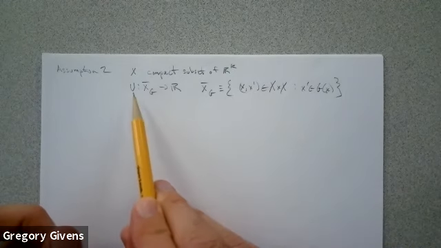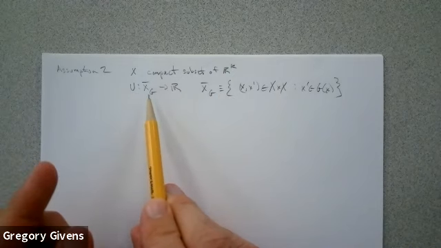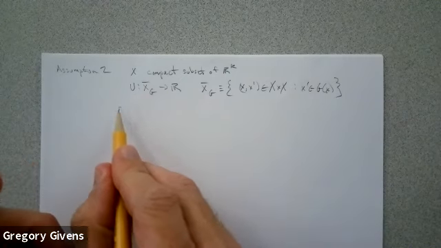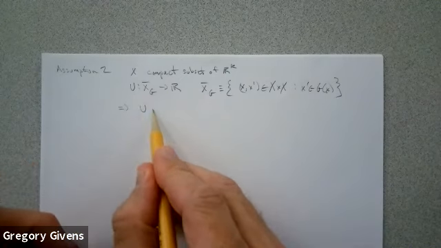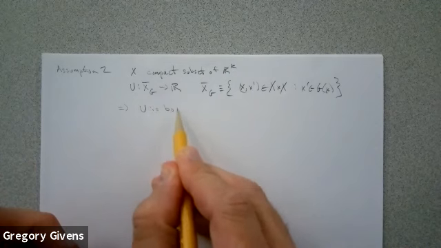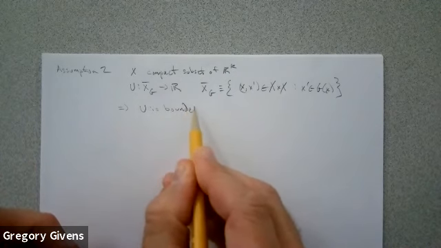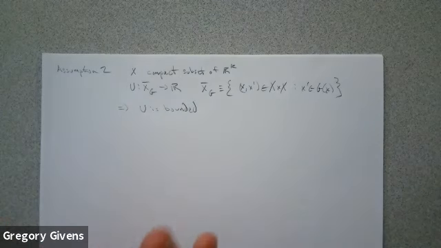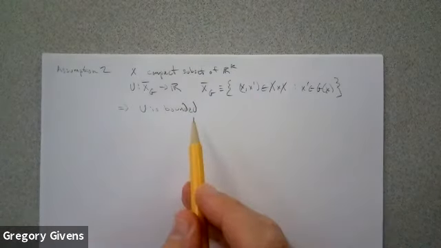Now, what does that mean about U? U is a continuous function defined on a compact domain. What does that imply about U then? That U is bounded. Any continuous function that is defined on a compact domain is going to be bounded.